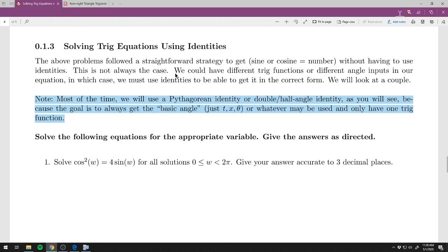The thing we have to be wary of, which we'll see in the next section, is that we could have different trig functions, meaning we can have sines and cosines, but not with different powers as well, not like the first one we did. And if we have that, then we're going to have to use identities. The other thing we'll notice, you can see on number 1, is that difference of cosine squared with sine.